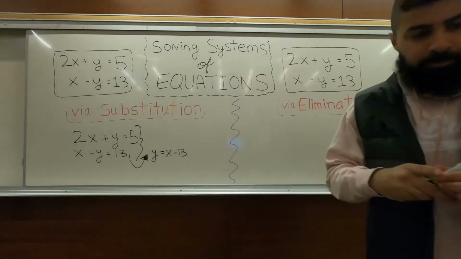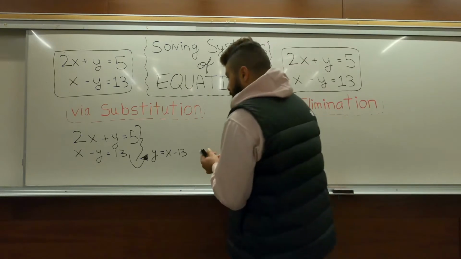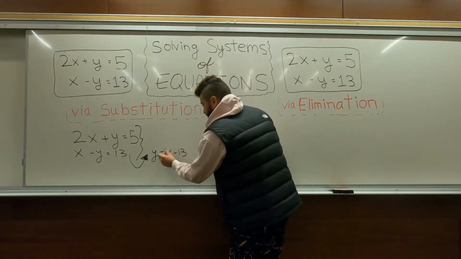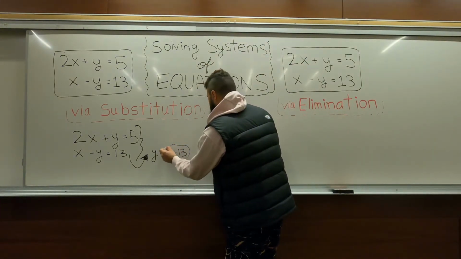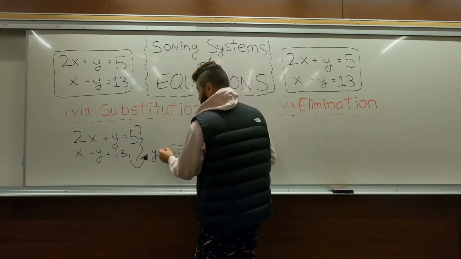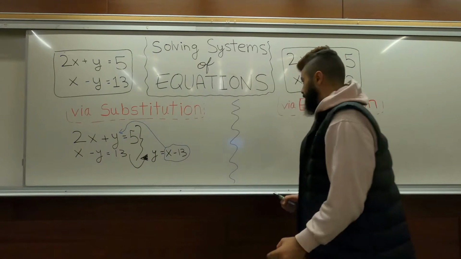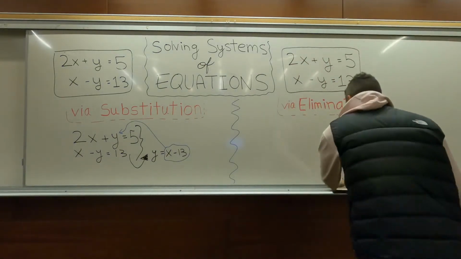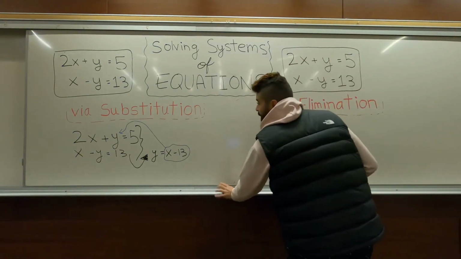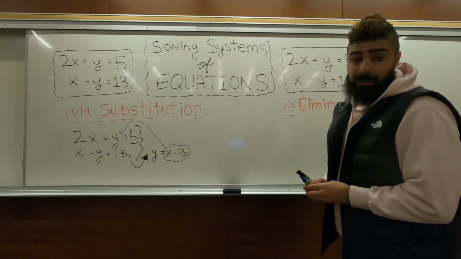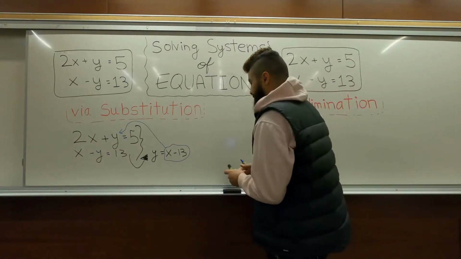Okay? And now we take this y and we plug it into here. I might need a bit more room. Alright? So now we are able to solve for x. Alright, let's see what happens here.